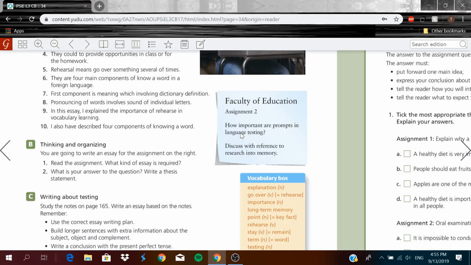You could say prompts are an essential part of language testing for grammar and vocab, writing, speaking, etc. You could say prompts are useful for some components, such as grammar and vocab, but not for other components like essay writing. Or do you just think that free essays are better tests of language learning than prompted answers? These are all options for you to choose from.